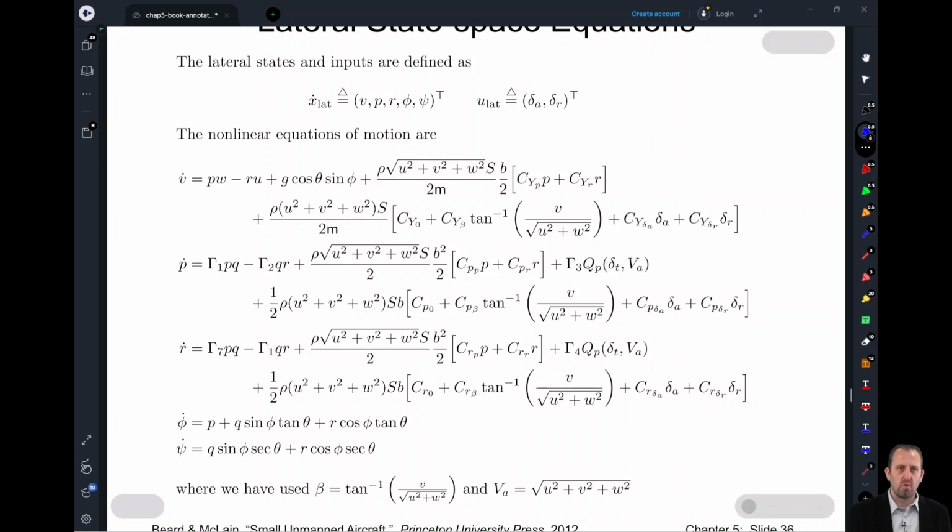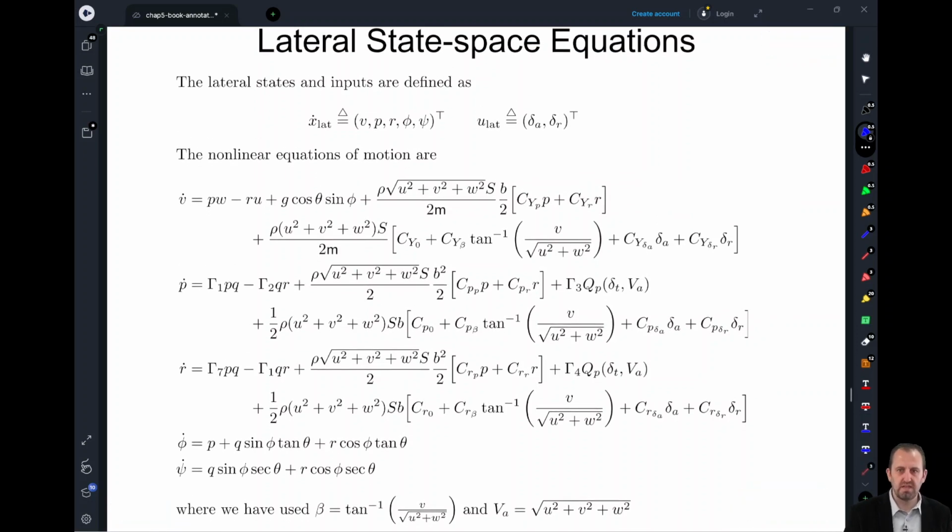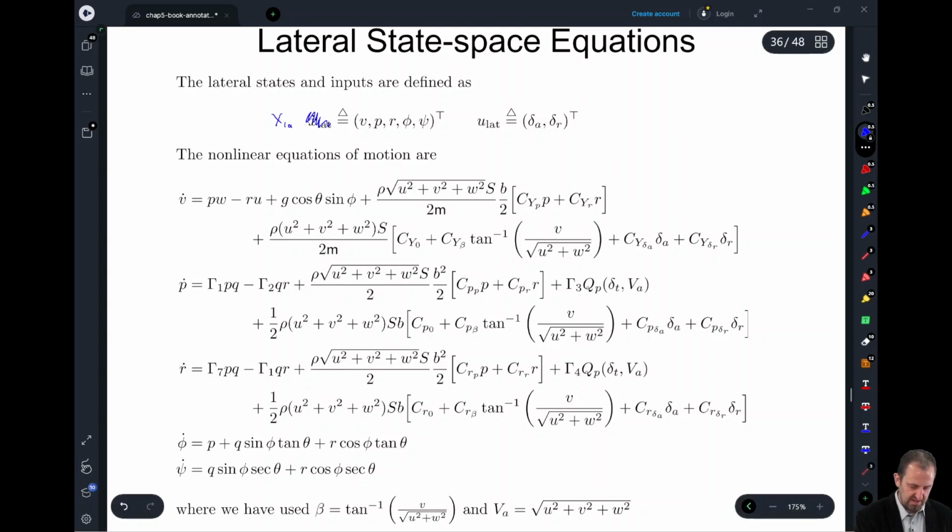So we're going to split it up still between lateral and longitudinal functions. So right here, there should not be a dot. This should just be x lateral. So we're going to say that our lateral states are going to be v, p, r, and then phi and psi. And then our lateral inputs are delta A and delta R. Okay.